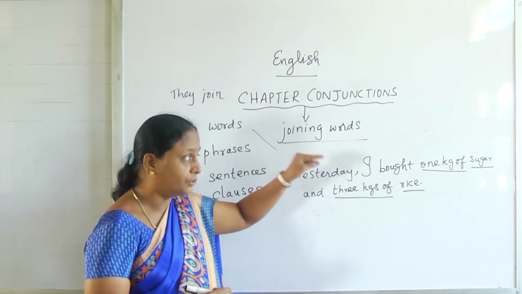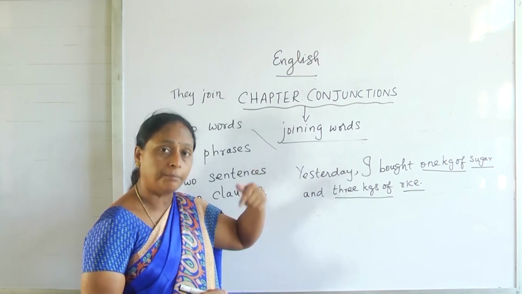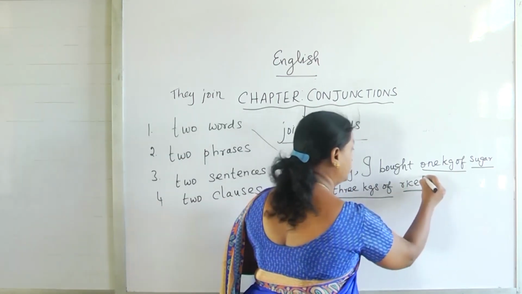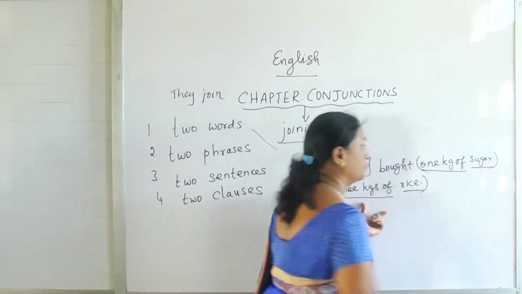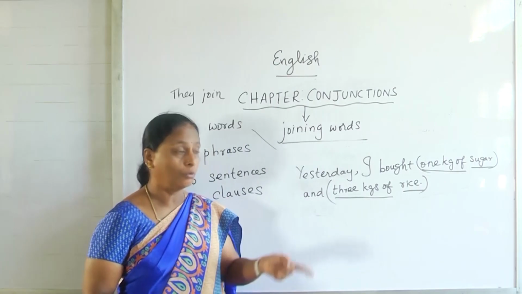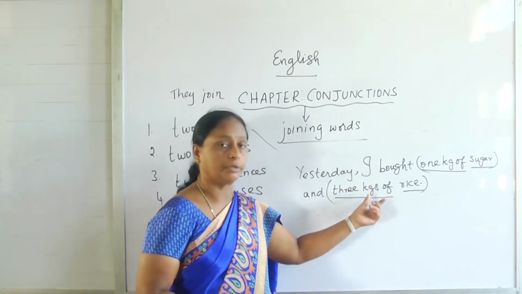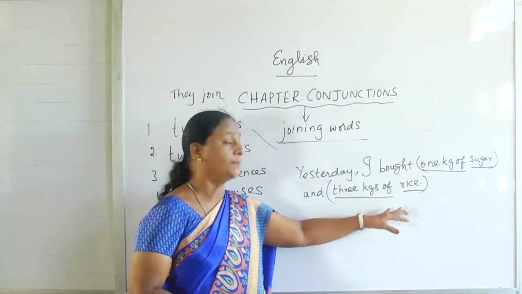Now the words sugar and rice, those two have become phrases. How? 3 kg of rice and 1 kg of sugar. What did you buy? 1 kg of sugar and 3 kgs. Kgs means what? Kilograms. 3 kilograms of rice.